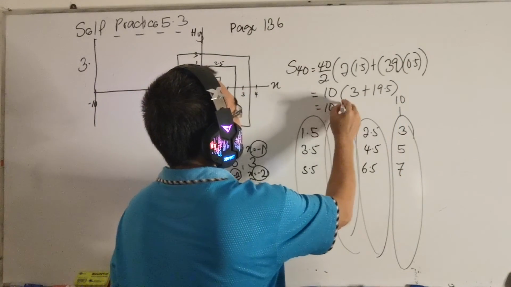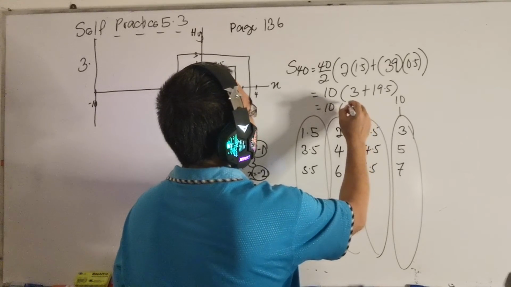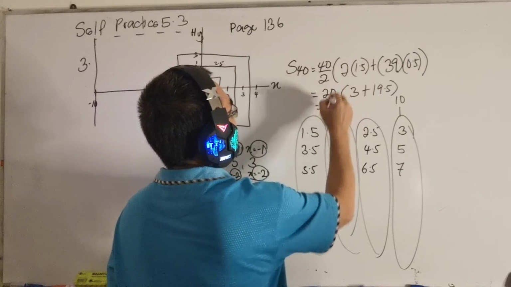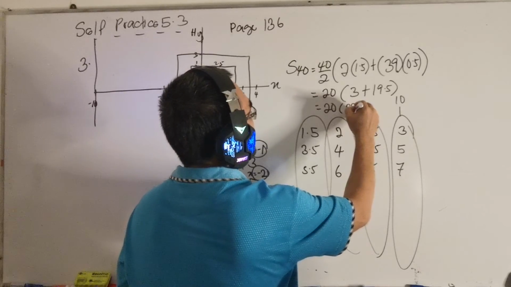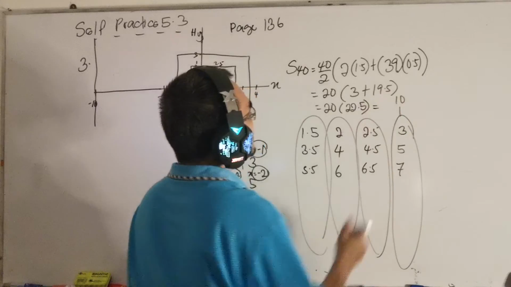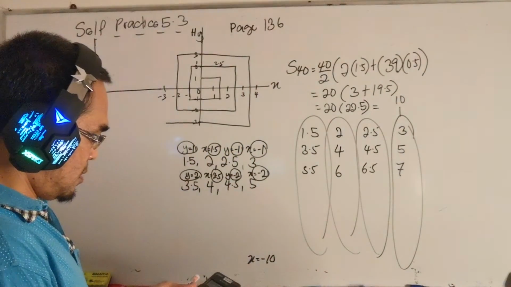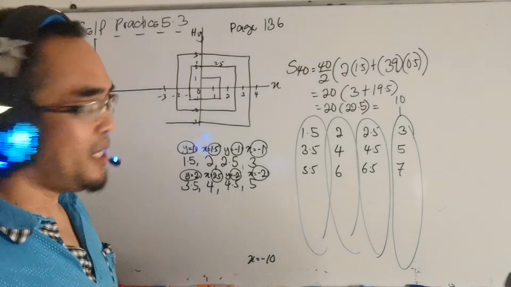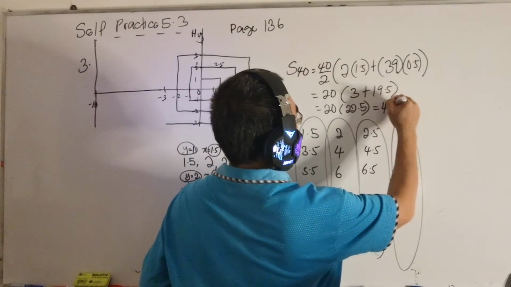So it is 20 times, oh sorry, not 10 but 20, and then here is 22.5. So the total is 20 times 22.5, which is 450.